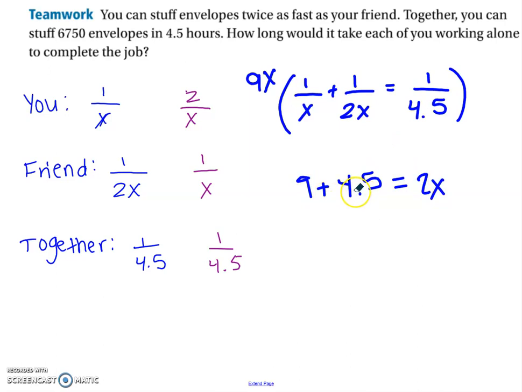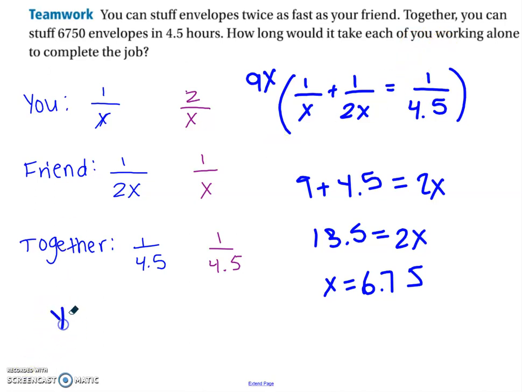So now I can add 9 and 4.5, and I'm going to get 13.5 is equal to 2x. And then I can divide by 2, and I get that x is equal to 6.75. Now notice in this question that they want us to solve for both you and your friend, so how long would it take each of you?